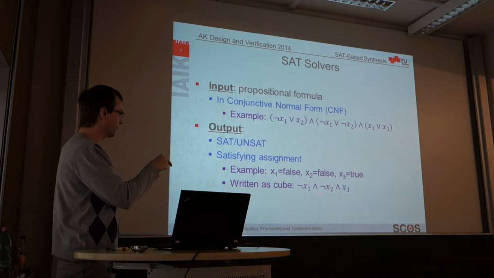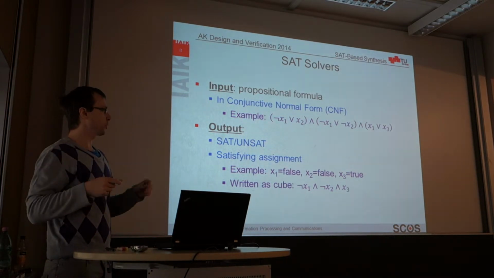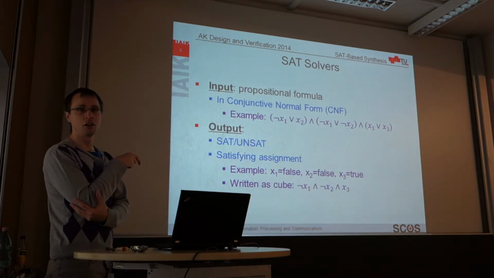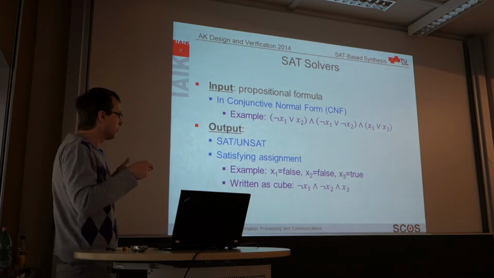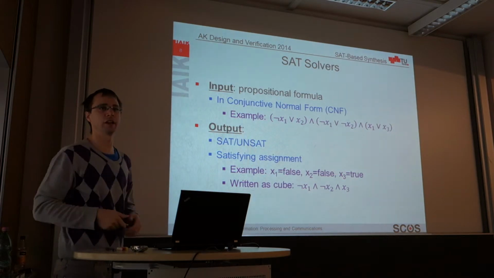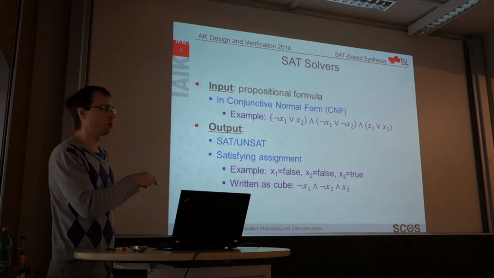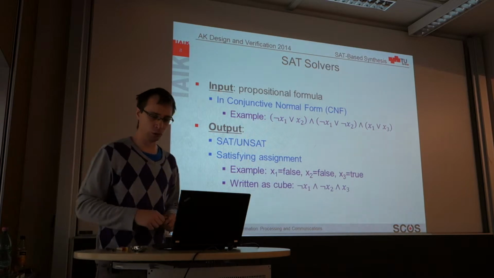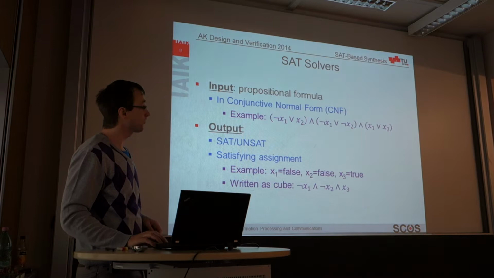So basically, this cube is a formula over our variables, which evaluates to true exactly for this satisfying assignment, and for every other assignment it evaluates to false. So basically this cube is just a formula representation of our satisfying assignment. And we will usually work with such formula representations of our satisfying assignments in the algorithms we will discuss later. So this was SAT solvers.